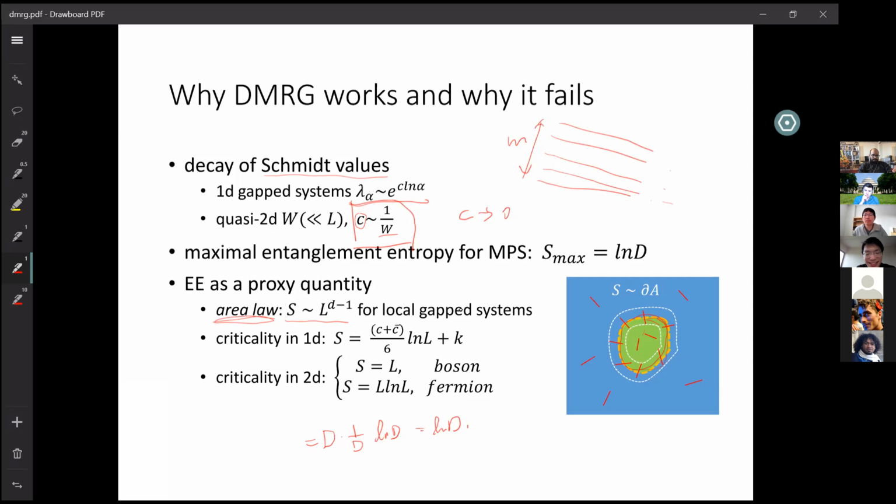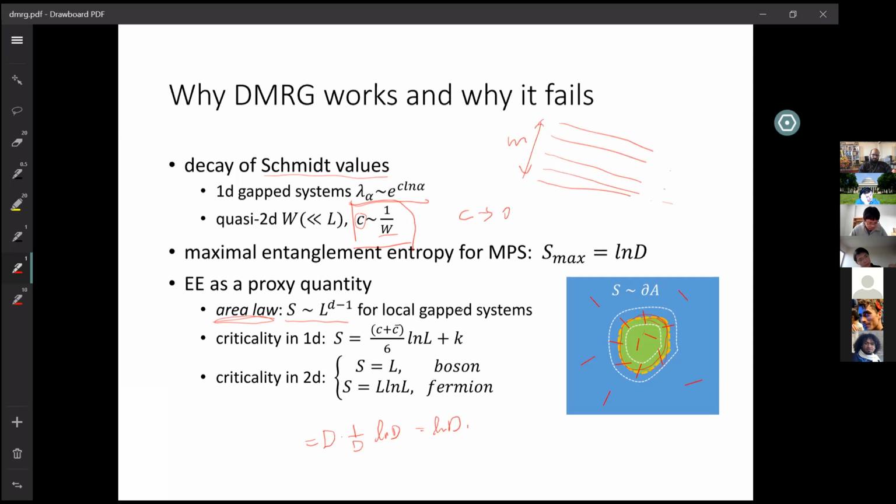Well, I'm just saying, the biggest possible entanglement entropy you could have would be a volume law. And if it was a volume law, then for example, you could take the reduced density matrix to just be the identity, and then all of the lambda alphas would be the same.